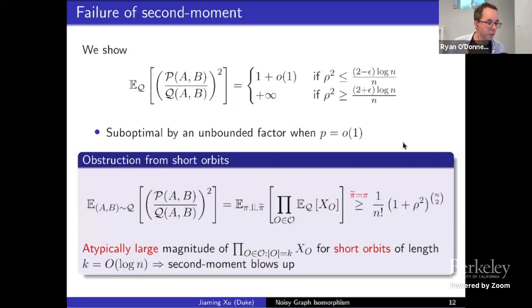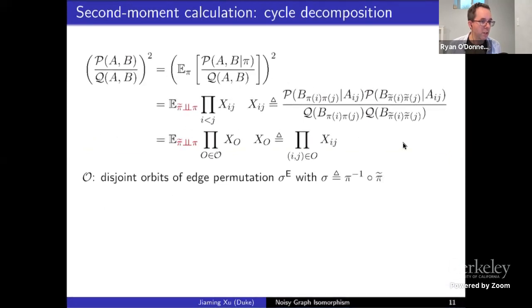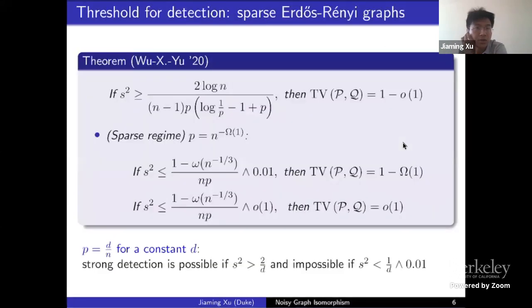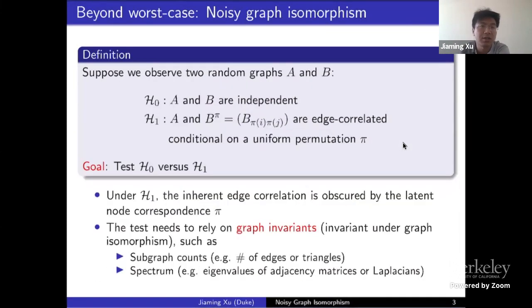Jiaming, we have a question also from Shuiyan Niu, who asks, could you elaborate on how the total variation distance is related to the hypothesis testing problem? The total variation is symmetric with respect to the two graphs. Are the two hypotheses H0 and H1 also symmetric? Okay, so I don't fully catch the question, but in terms of total variation distance and detectability, the sum of type 1 and type 2 error in the hypothesis testing problem is just 1 minus the total variation distance.